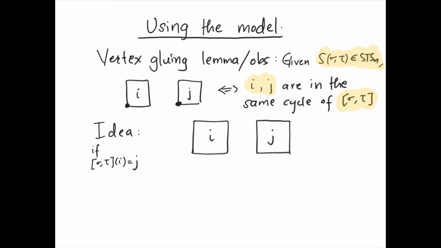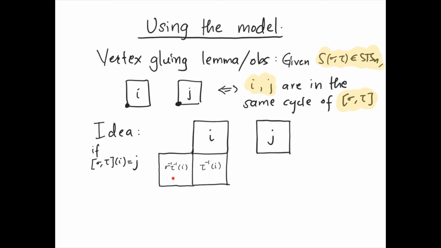Let's see how one goes about proving this with a simple case. I'm going to assume that j immediately follows i in the cycle, and we'll see how that gives you that i and j have their bottom left corners identified. The idea is very geometric, so let's just carry out the action of the commutator. First, tau inverse of i is glued to the bottom of i by definition.